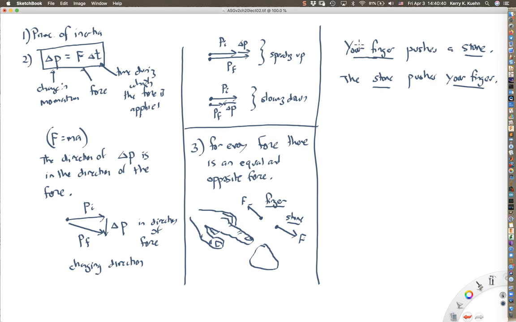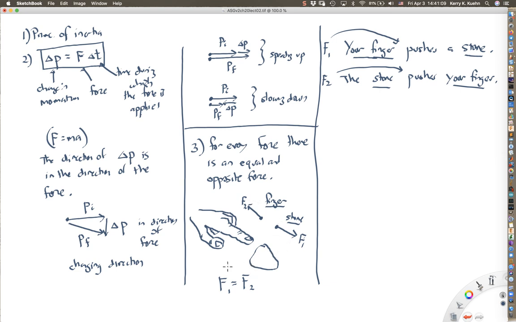So these two forces, this might be called force 1, is your finger pushing on the stone, and force 2 is the stone pushing on your finger. So your finger pushes the stone, that's F1, and the stone pushes your finger, F2, and what Newton's third law says is that F1 is equal to F2 in magnitude, or size.